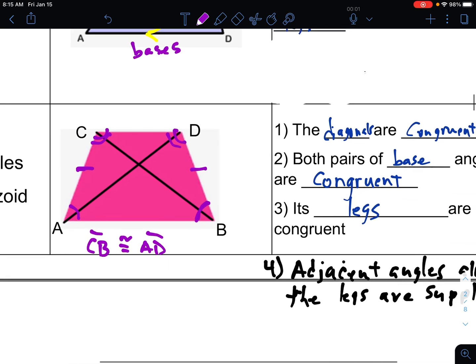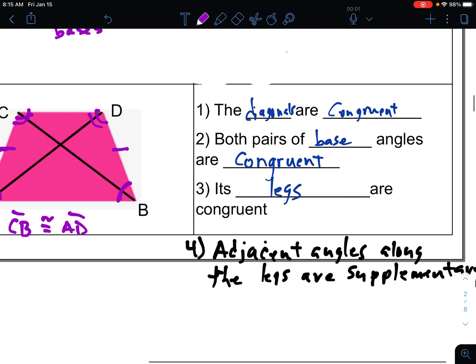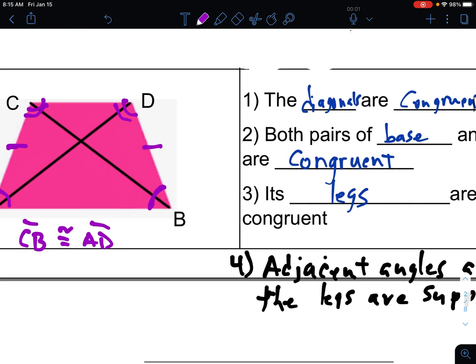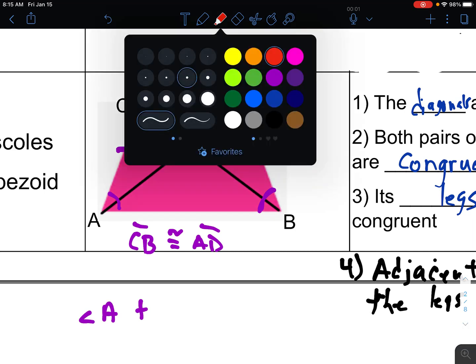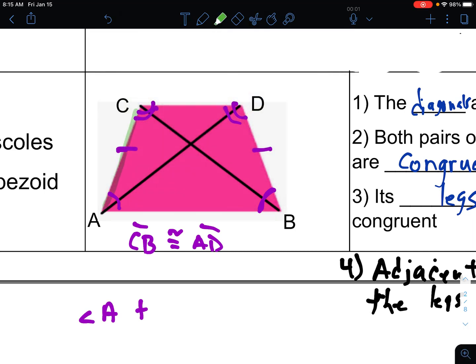And number 4, adjacent angles along the legs are supplementary. So angle A plus angle C, that measure has to equal 180 degrees. Same thing on the other side: D and B have to add to 180. They're basically same side interior angles, much like we talked about for a parallelogram. So those are the properties.